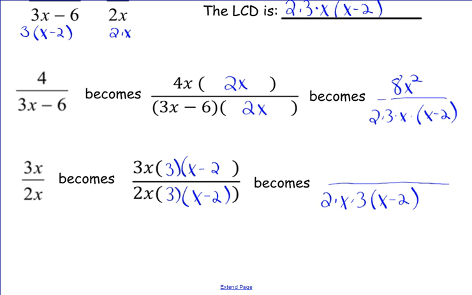Do the multiplication of the numerator. So that would give me 9x times x minus 2. So this would be 9x squared minus 18x. And that one's completed.